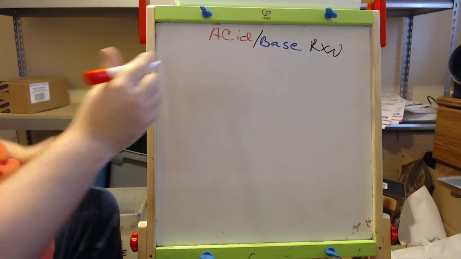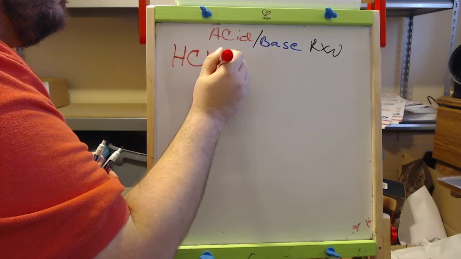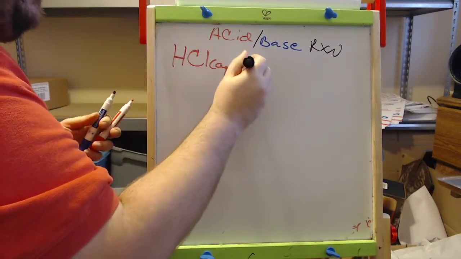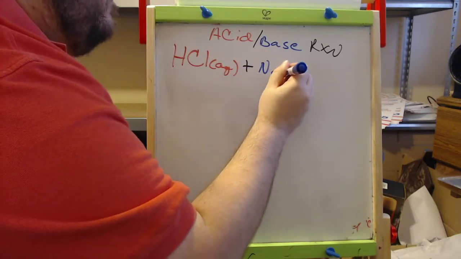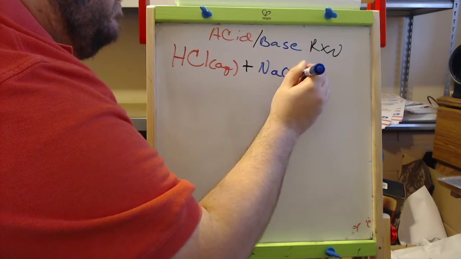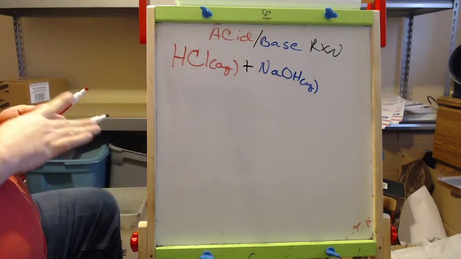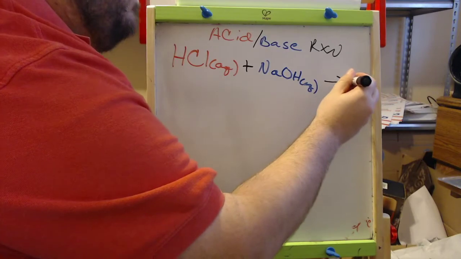If I take a strong acid, let's take HCl, this is the one that's always used, HCl, and I add it to sodium hydroxide. I'm going to get two products. It's a double displacement reaction.